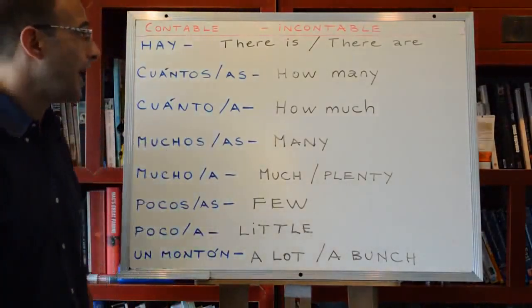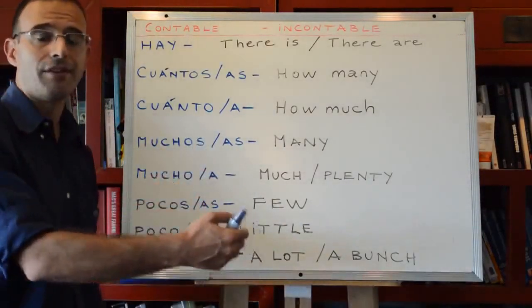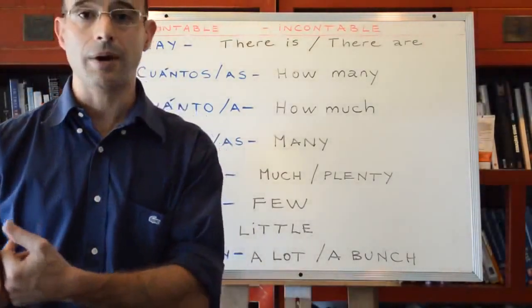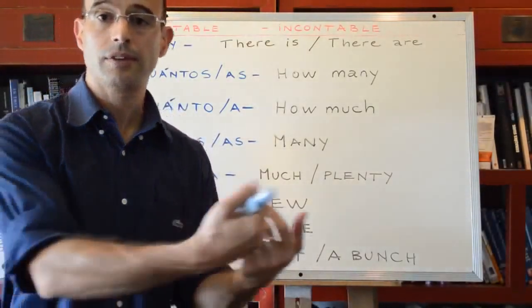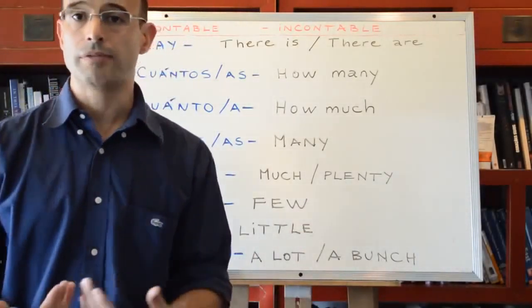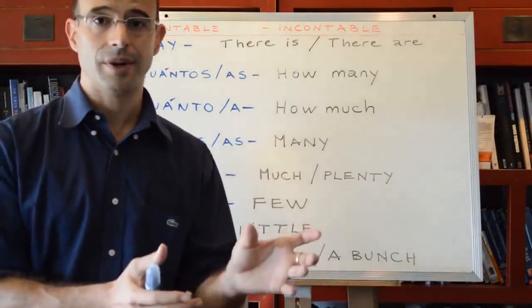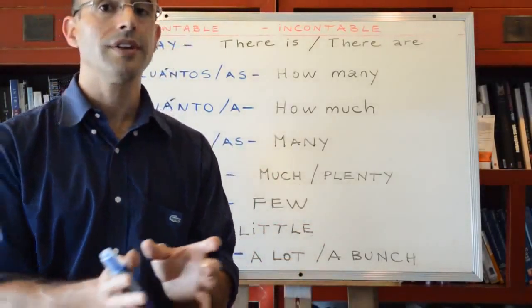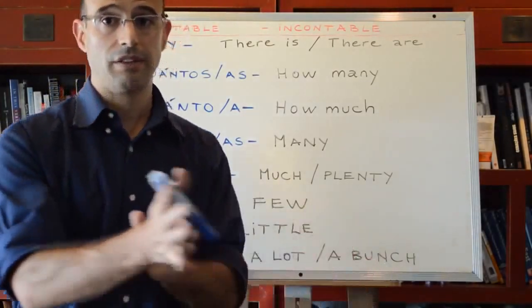Remember, in Spanish we have masculine and feminine objects or nouns. Every noun in Spanish is either masculine or feminine, right? In English, however, we only have the, right? The objects, the things, the nouns are not divided between masculine and feminine.